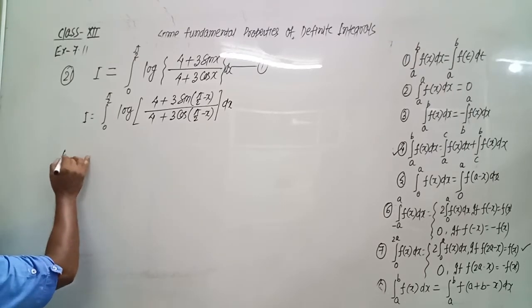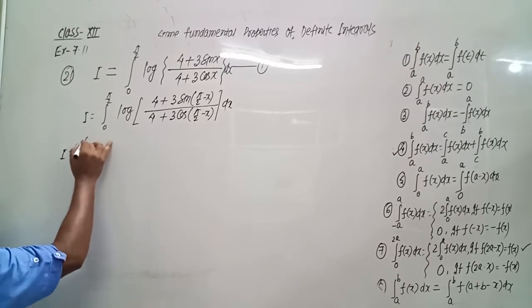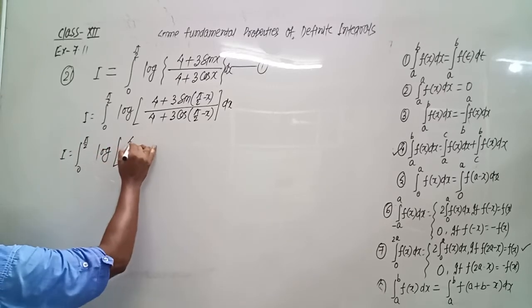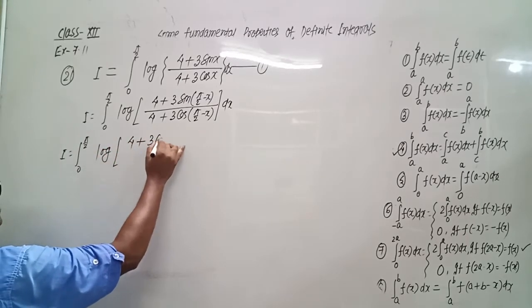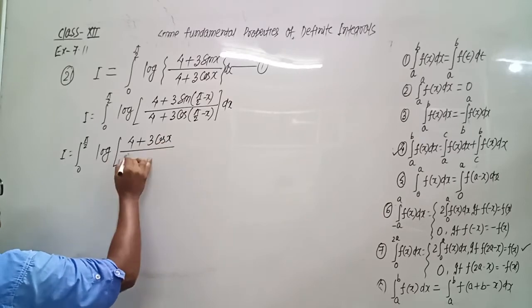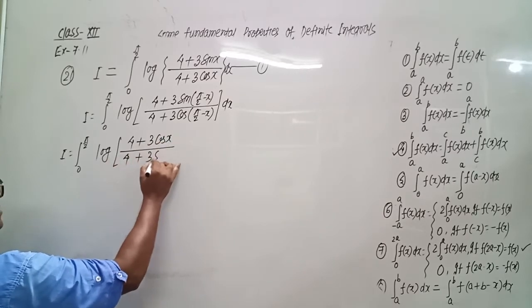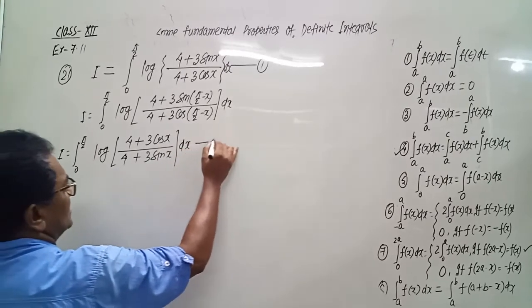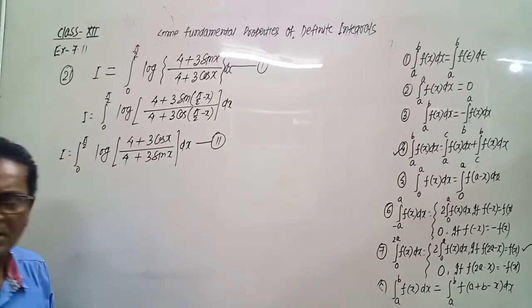So it becomes I equals the integral from 0 to pi by 2 of log of (4 plus 3 cos x) upon (4 plus 3 sin x), dx. This is the second equation.